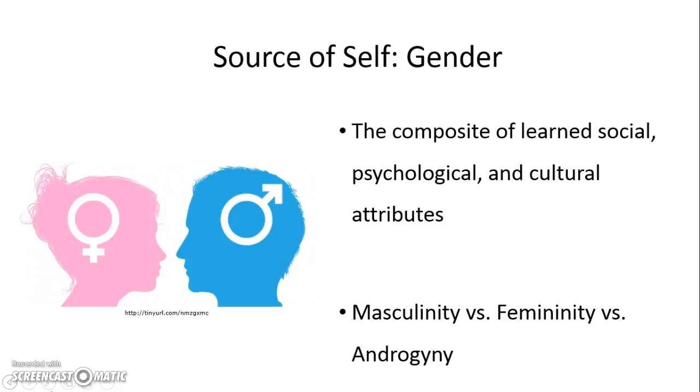And then androgyny is still being developed in this country, and it kind of seems as though it's a hodgepodge between masculinity and femininity. That in between where you kind of take from both. Now keep in mind, because gender is a social construction, other cultures have multiple genders, 6, 7, 8. It depends on the culture.